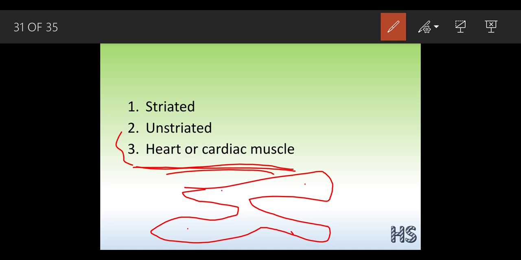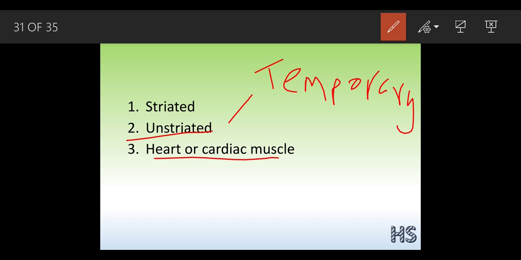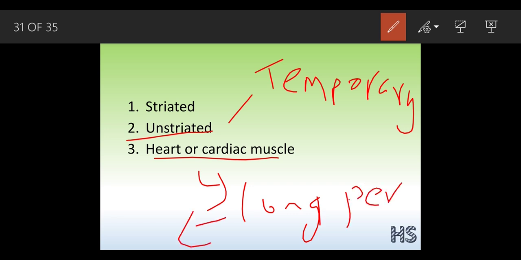See, the difference lies in this: the unstriated muscles work for a temporary period of time, and the heart muscles or the cardiac muscles work for a very long period of time, that is 24/7.